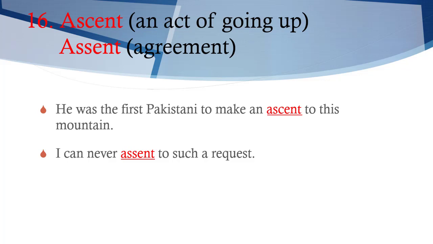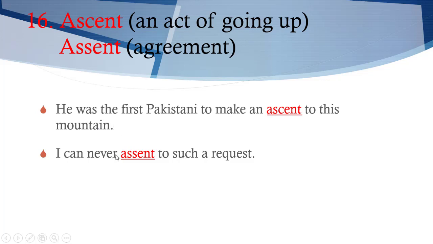So ascending order comes from the word ascend, that is the verb, and its noun is ascent, means an act of going up, and assent is agreement. So we can use ascent in the sentence as, he was the first Pakistani to make an ascent to this mountain.